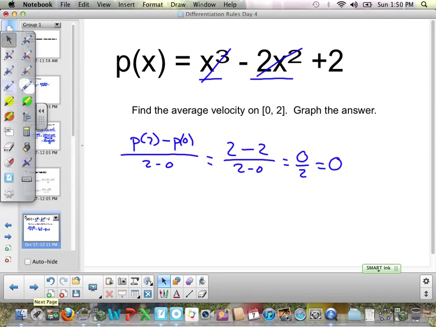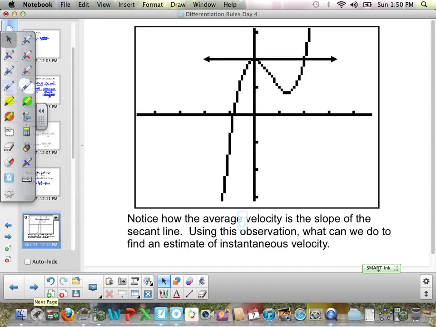Let's take a look at this graphically. So here is our graph of the position function. And if we look at our position function, position at time 0, position at time 2, notice how the average velocity on the graph ends up being the secant line.